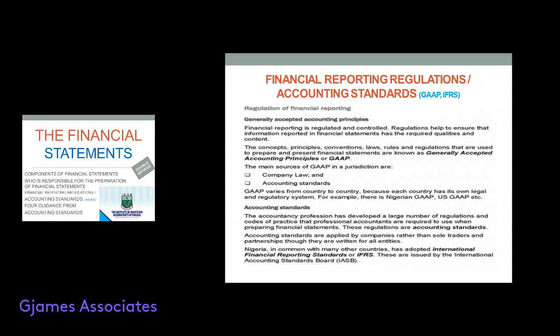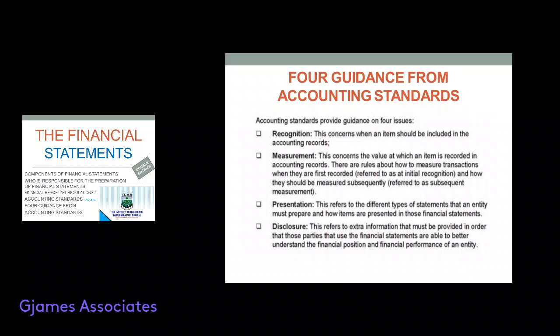There must be comparative figures unless the organization has just existed within the first 12 calendar months, which we call the accounting period. You remember that? Okay, we've talked about it. So apart from that, generally accounting standards must be applied depending on which aspect of business it relates to.